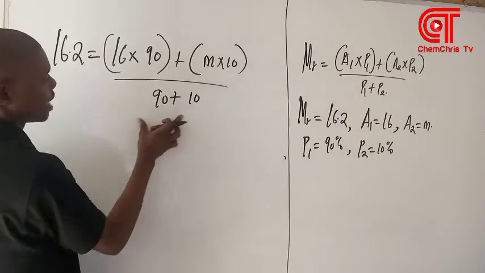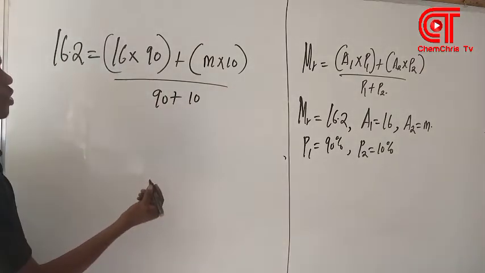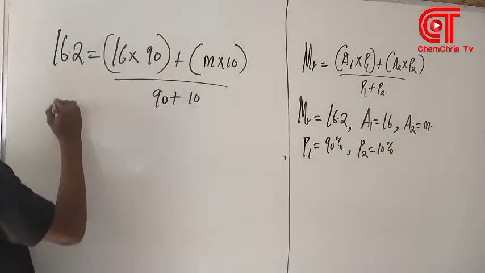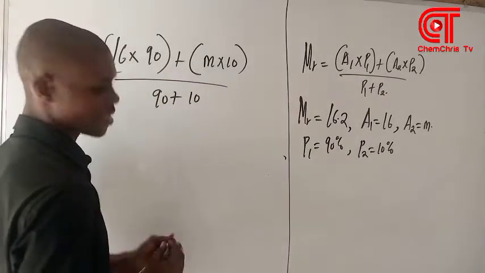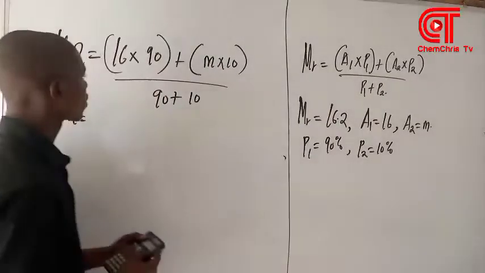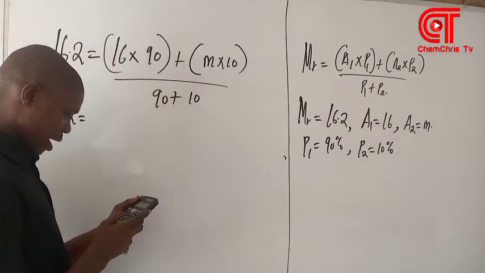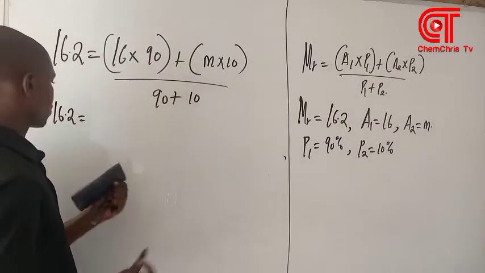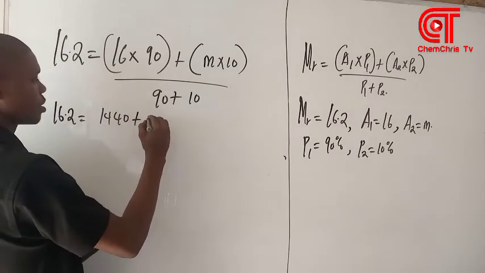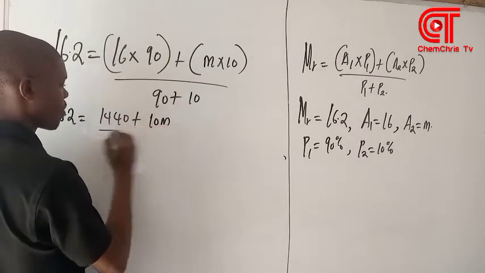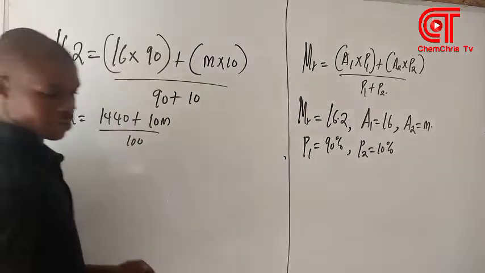So 90 plus 10 is going to give you 100. So it's going to be 16.2 equals 16 times 90, which is 1440, plus 10M over 100.